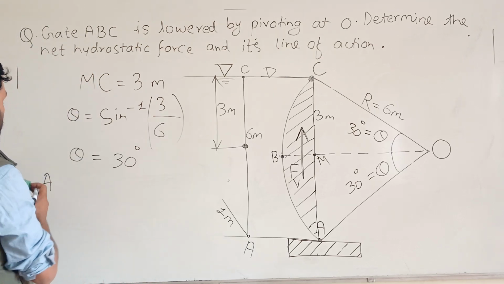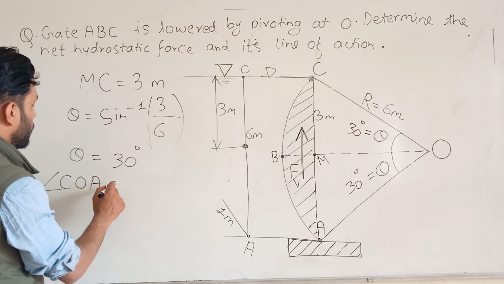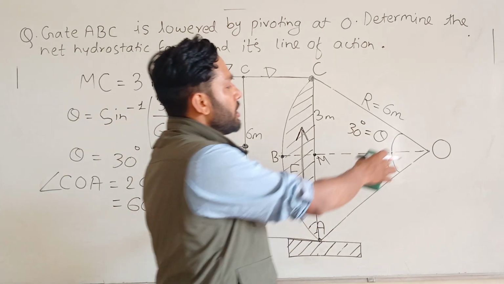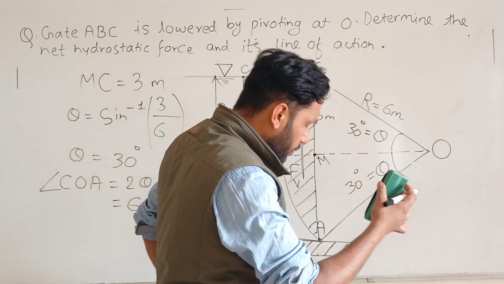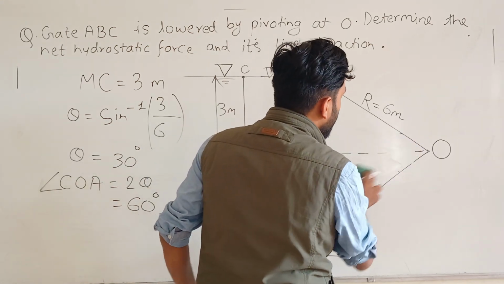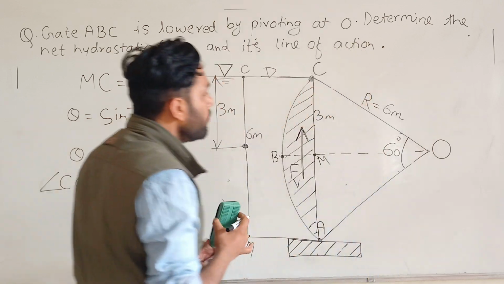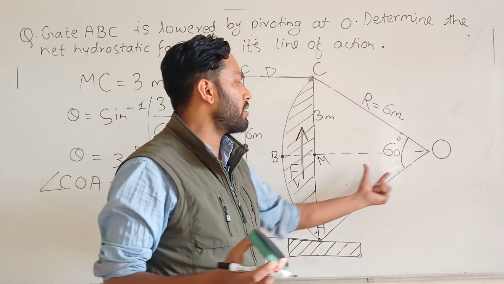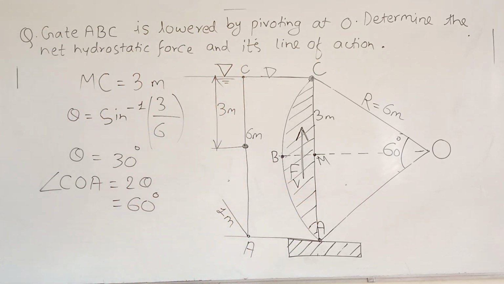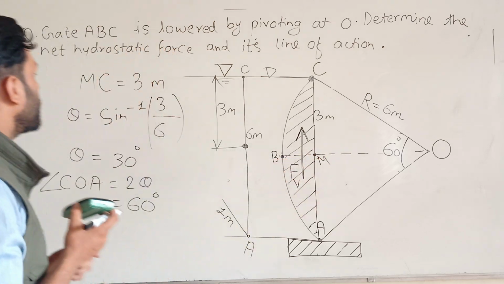The angle COA is 2 into theta, that is 60 degree. So we have got the angle of the sector. Now we need to calculate the area of the sector.